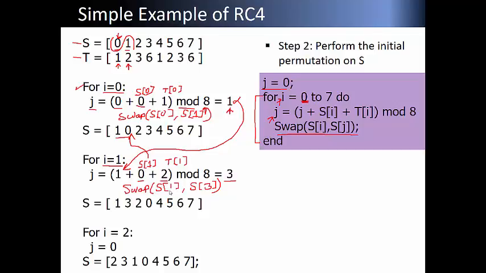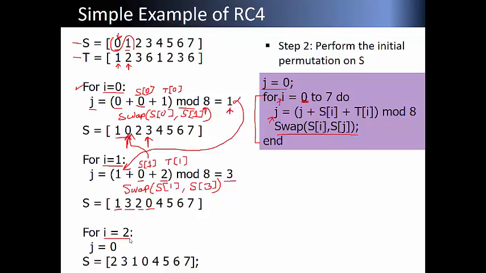The S that we want to work on is the current S, which is this. So S of 1, this guy, and S of 3, this guy, they need to be swapped. So 0, 3, 2, 0. So 1, 3, 2, 0. It remains the same. That's the second iteration.